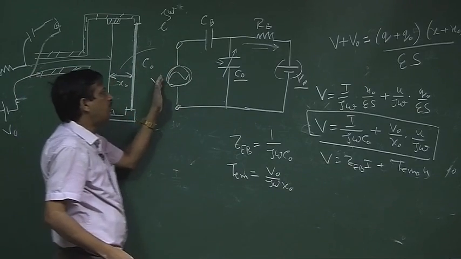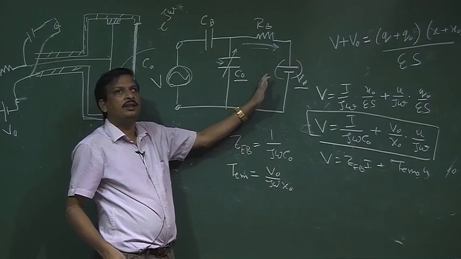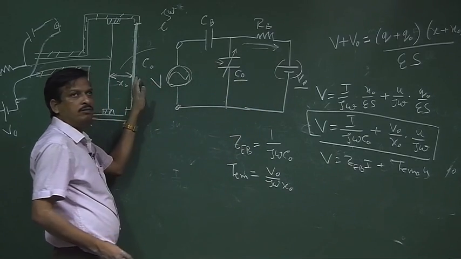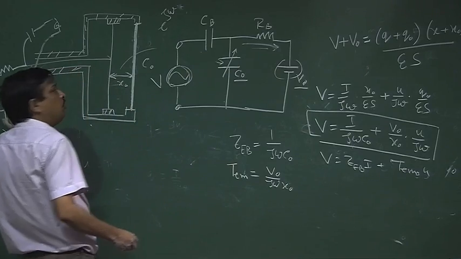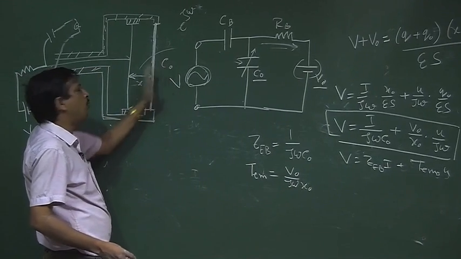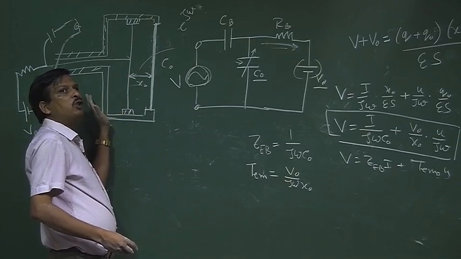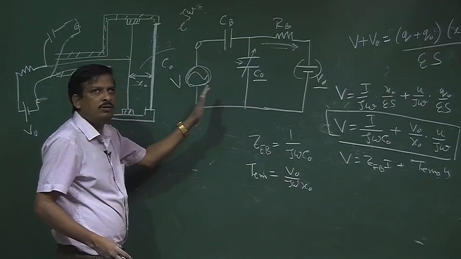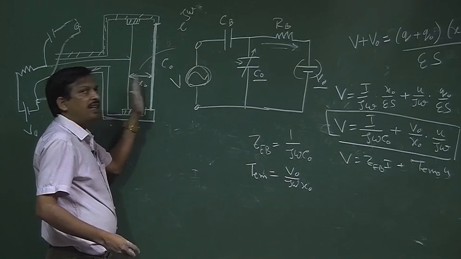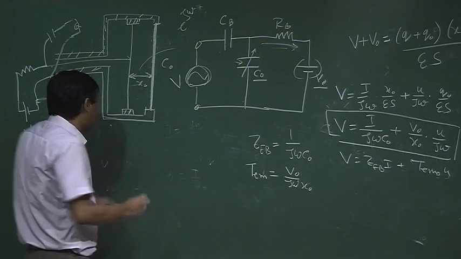So, electrical to mechanical. Similarly, if I apply a mechanical force on the plate, it should create an induced voltage V. If I apply a mechanical force, the electrical voltage will resist that force. So, what is that force?